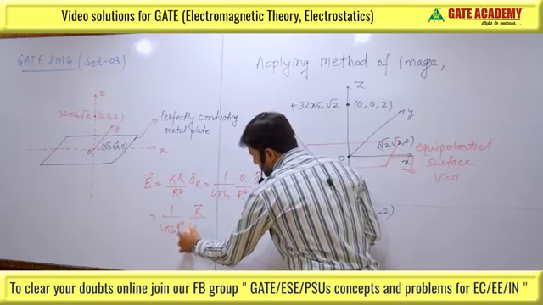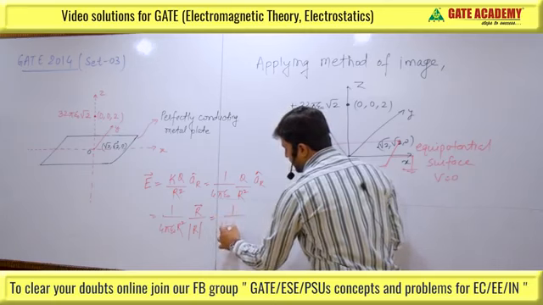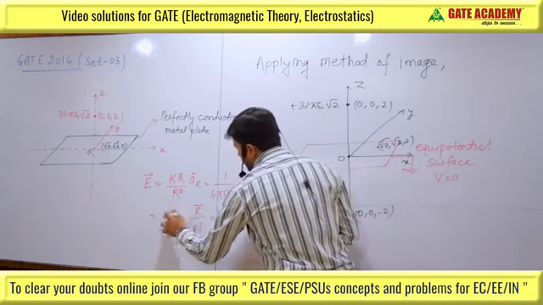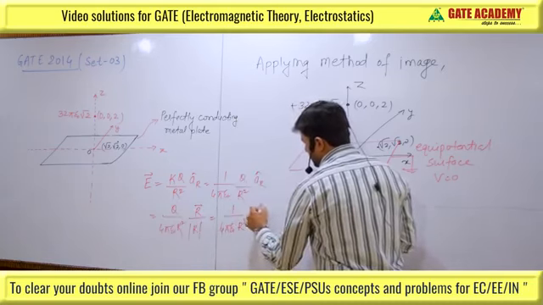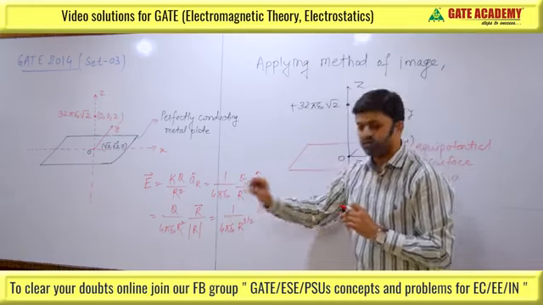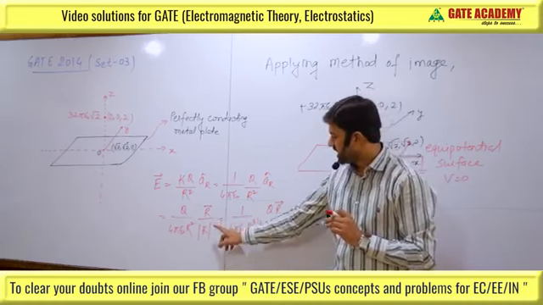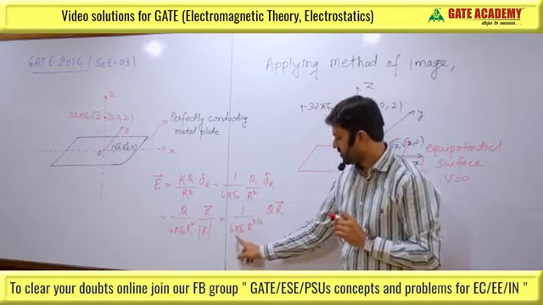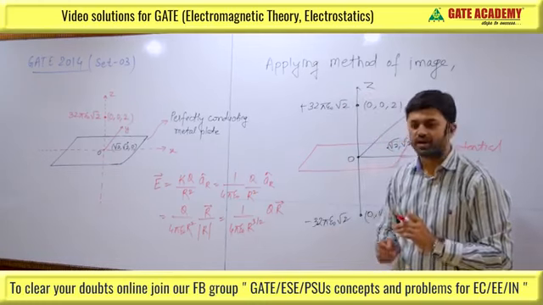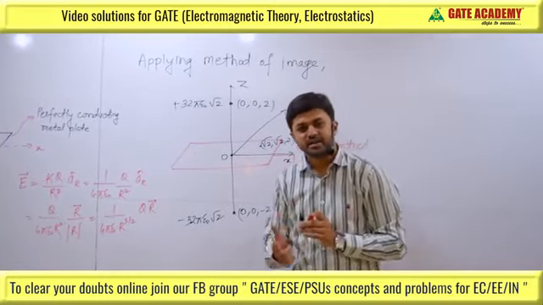So this is 1 upon 4 pi epsilon naught r to the power 3, into q into vector r, where this vector r is the displacement vector.